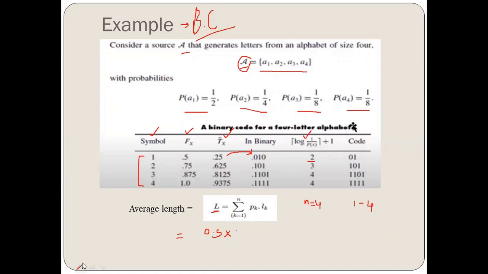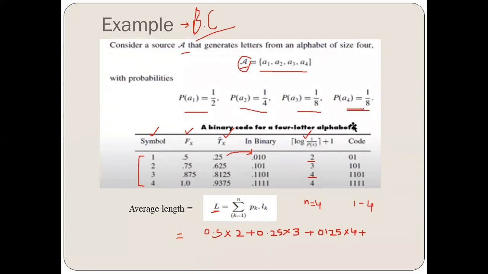So what we have written is 0.5 multiplied by 2, plus 0.25 multiplied by 3, plus 0.125, because it is 1/8, multiplied by the length of A3, which is 4, plus again we have A4.